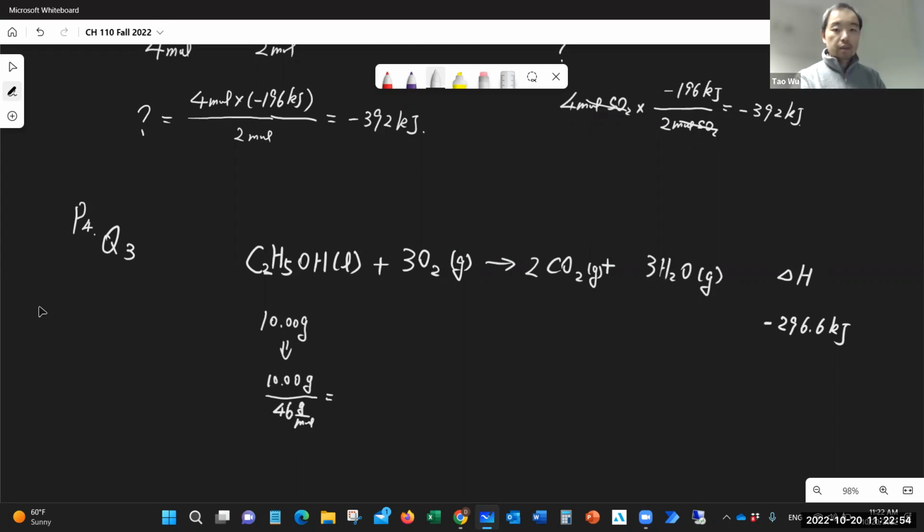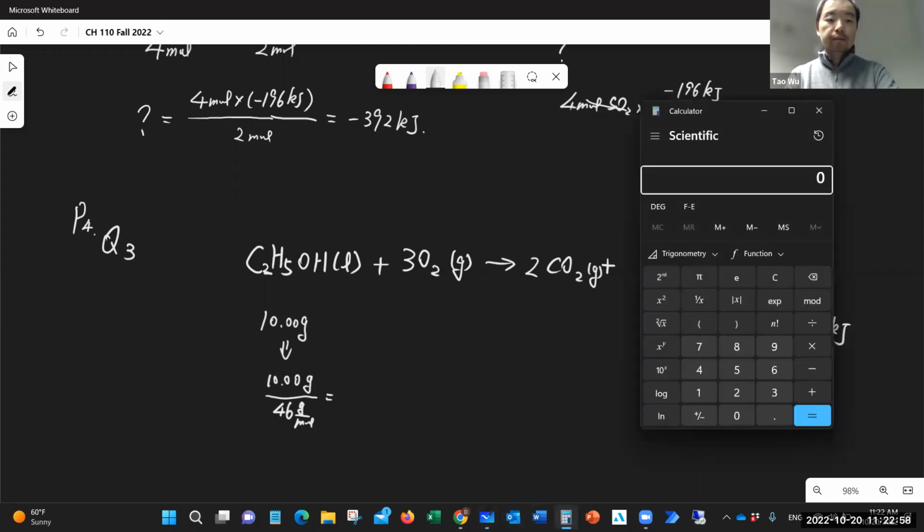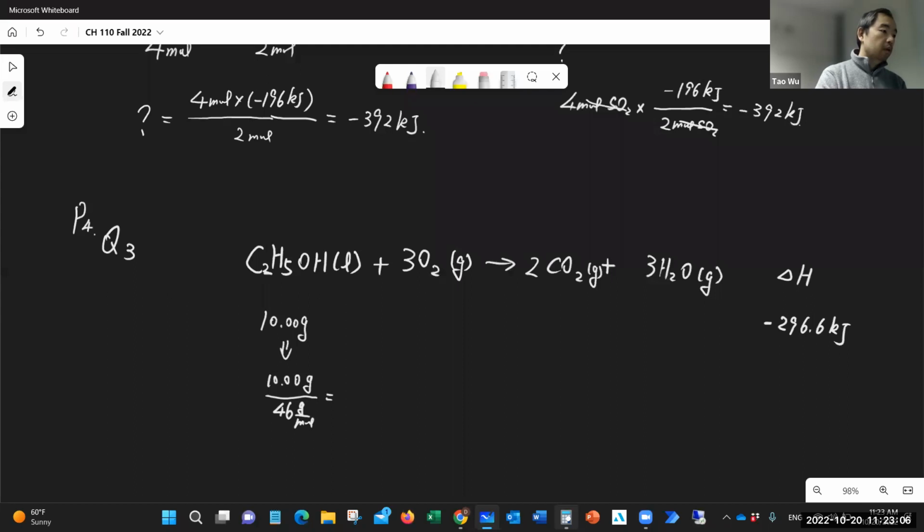Then 10 divided by 46, and you got 0.2174 mole. That means if I use up 0.2174 moles of ethanol, we're going to produce that much heat.